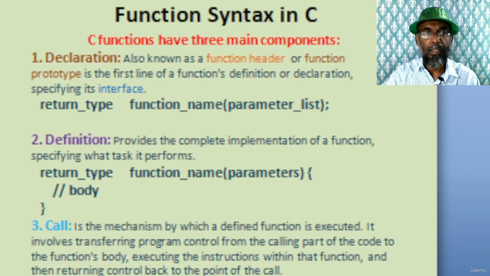Second, definition. This is where the actual task is written, the body of the function. Example, int add(int a, int b) { return a + b; }. Third is function call.